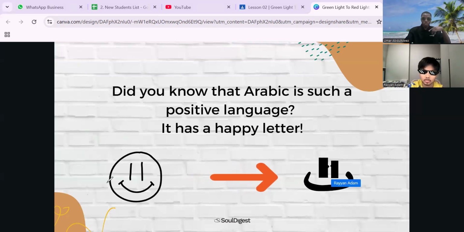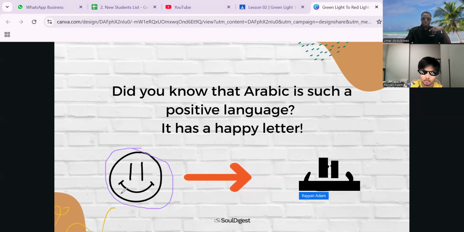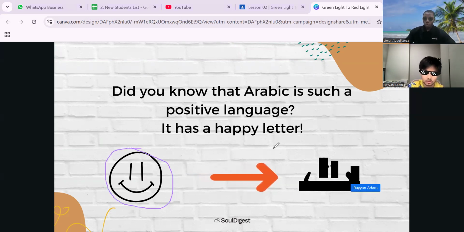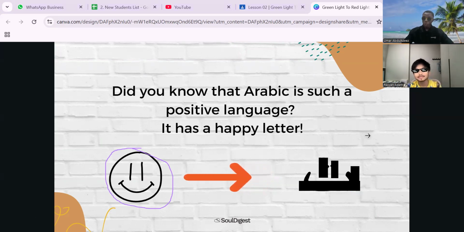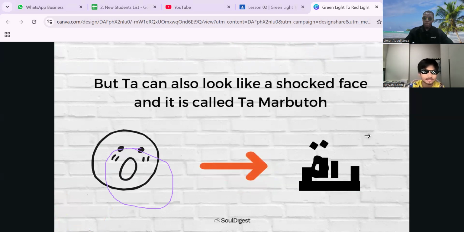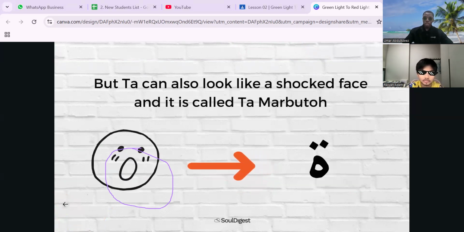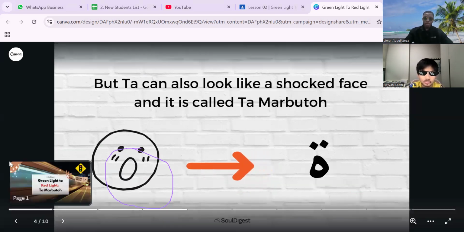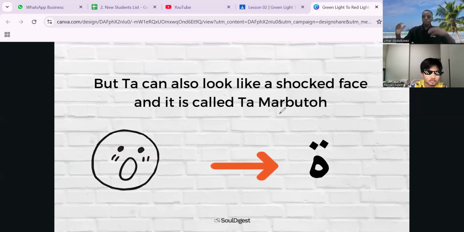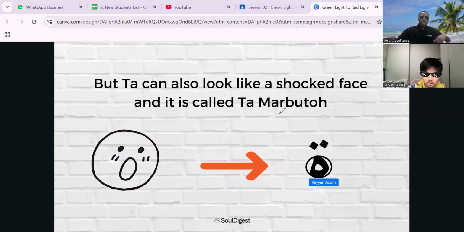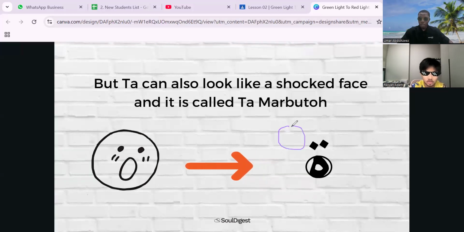So this is the diagram of the letter showing happiness. This is another ta that looks like a shocked face. It is called Marubuutoh. In Arabic, Marubuutoh means circle, like this.